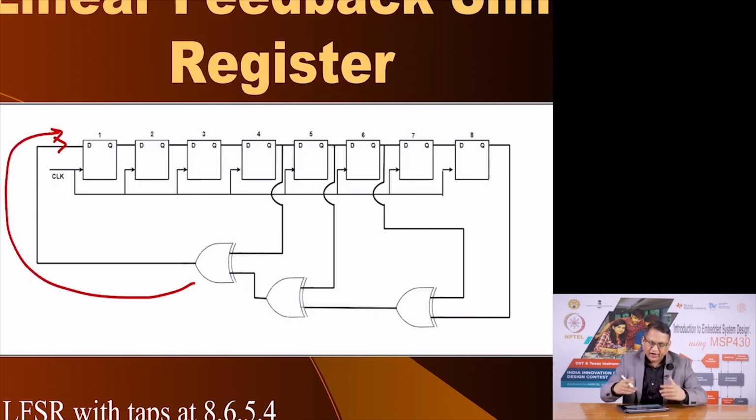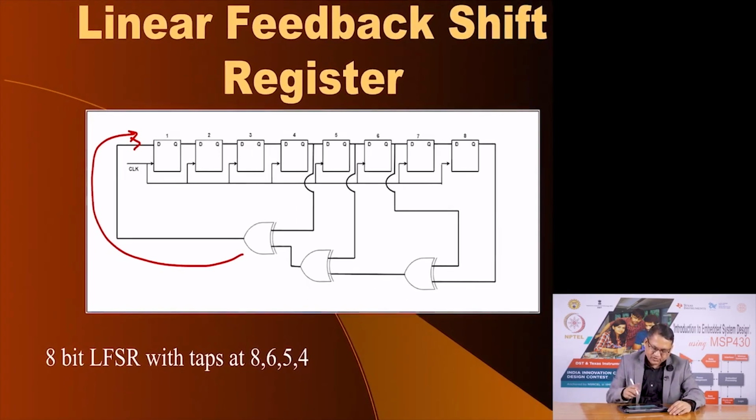When you load it with the initial number and then apply the clock, for every clock signal the values that the flip flops produce will appear random, and that is why this is called a pseudo random number generator. In this case we have shown an 8-bit LFSR. Wherever you take the value out, here, here, here and here, these are called taps. So, we have taps at 8, 6, 5 and 4 for an 8-bit shift register.